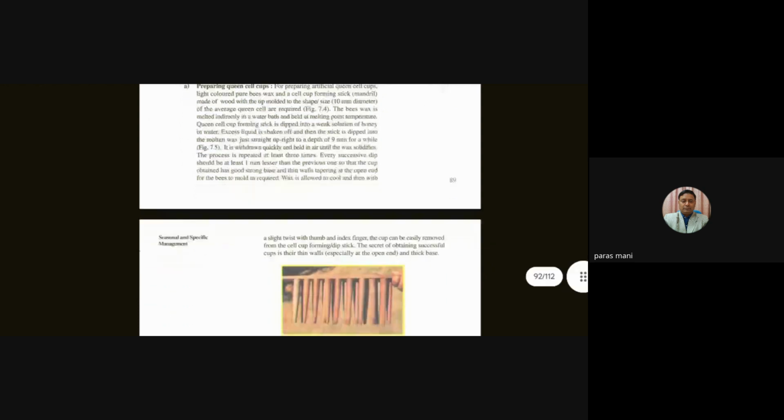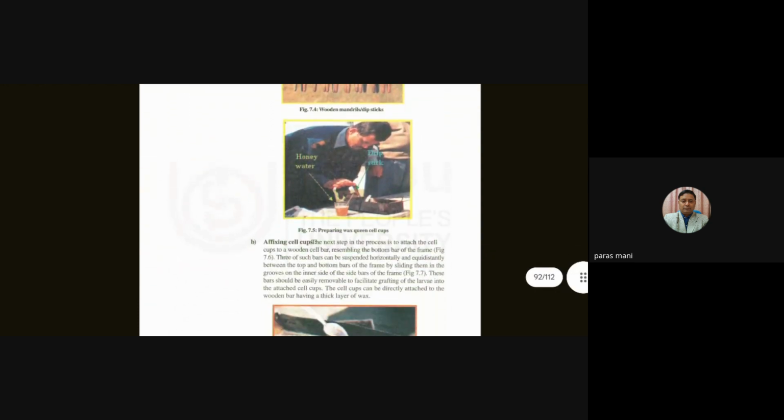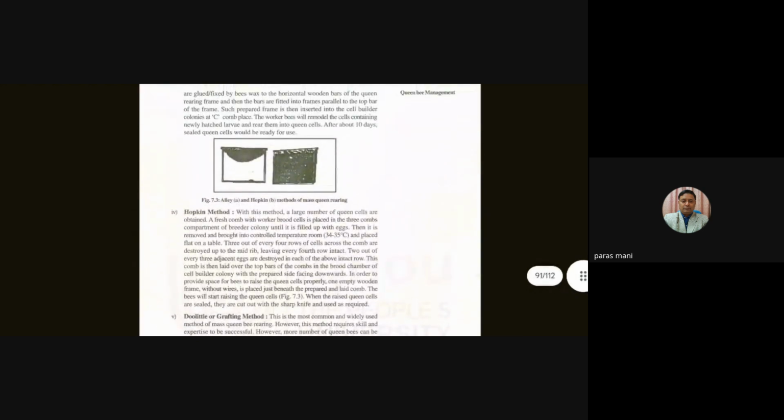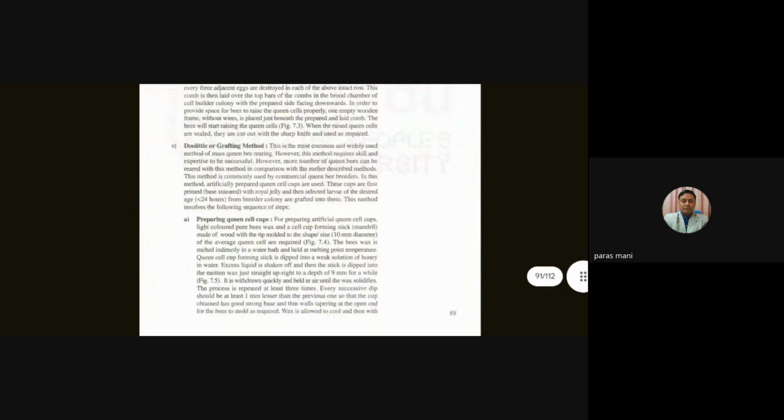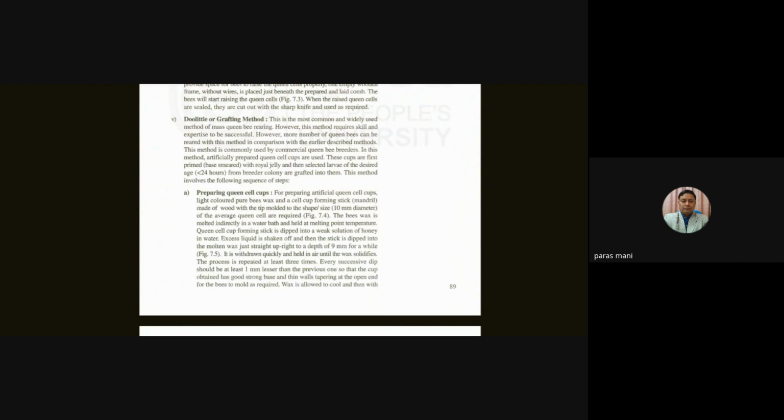We have to see how the queen cells are present. Queen cells are usually the larger cells present at the bottom of the comb in natural conditions.